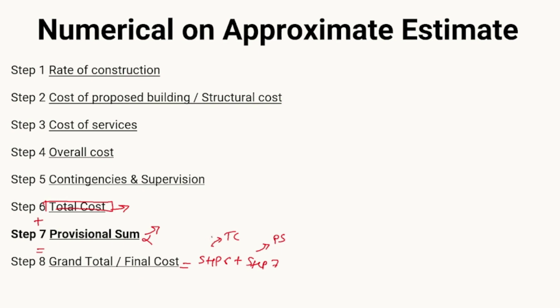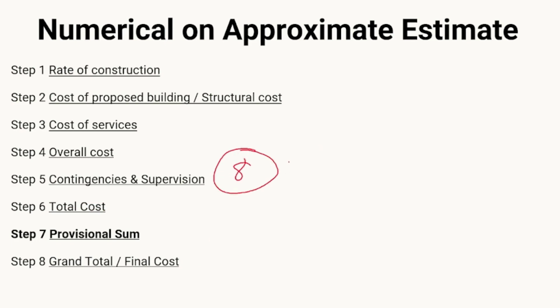So these are the 8 steps which we have to follow to solve any kind of approximate estimate numerical. Depending upon the data available in certain numericals, we might drop certain steps. Suppose the cost of the service is not given, then we might drop step 4. Suppose no contingencies or supervision charges are mentioned, then we can drop step 5.